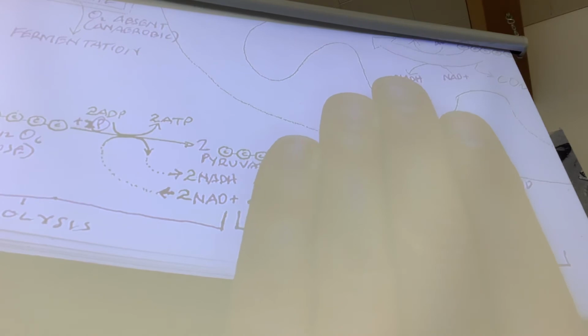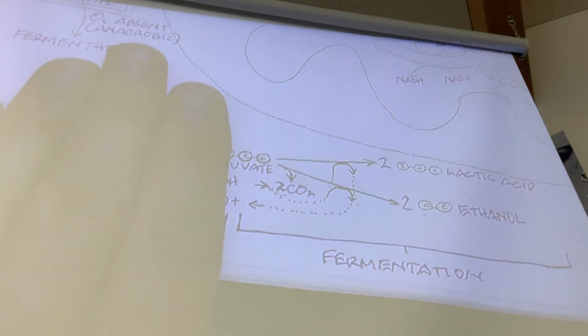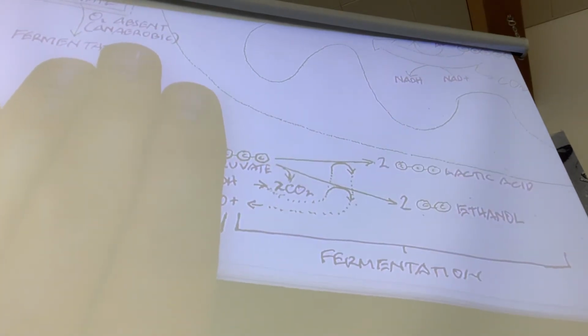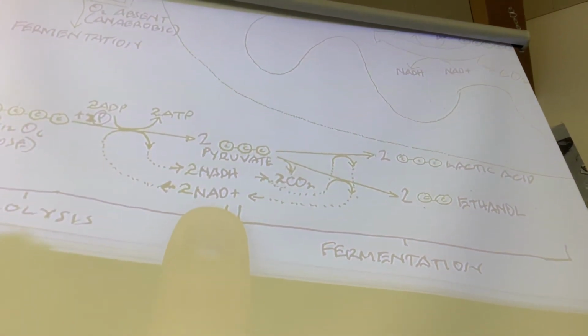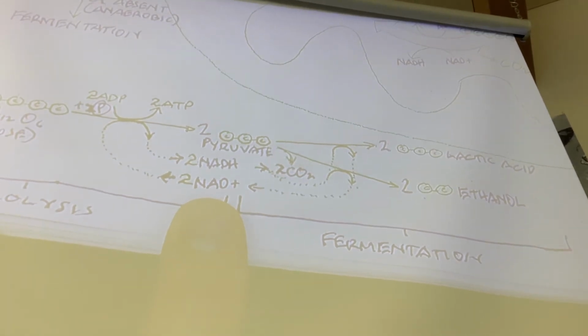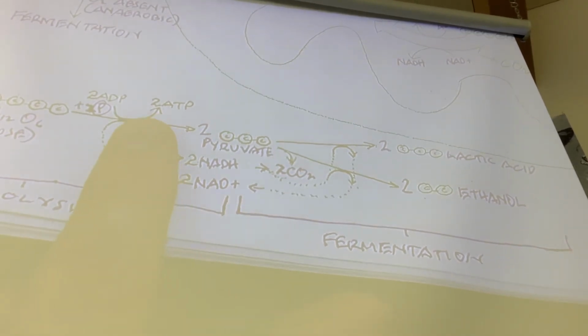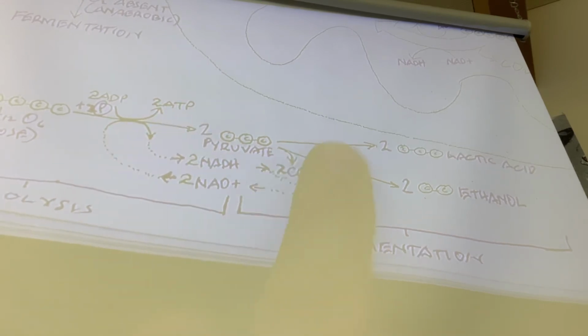So ATP is only produced during glycolysis. No ATP is produced during fermentation. The role of fermentation is to recycle the NAD molecule. That's it. Is ATP used during fermentation? No, it is not. This is an enzymatic reaction that requires no ATP.